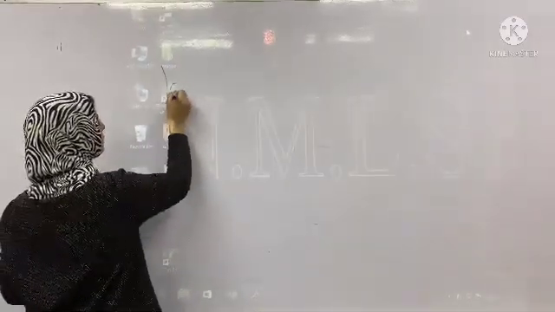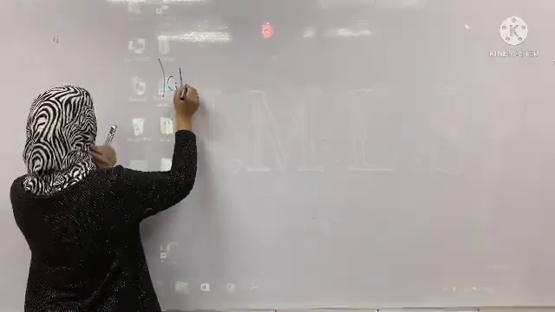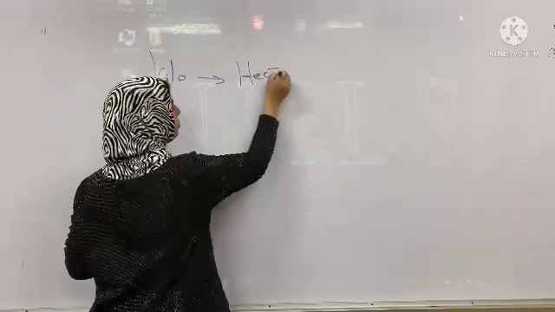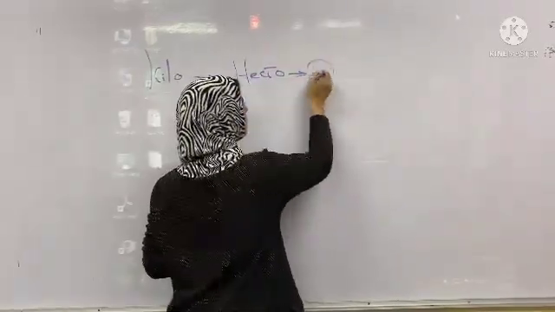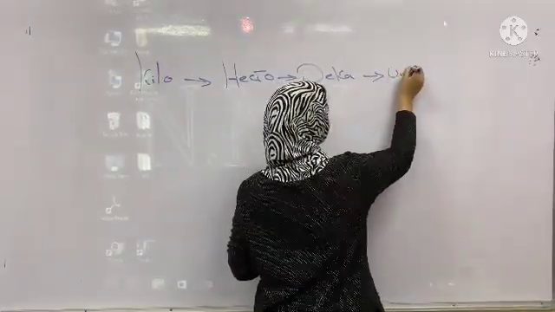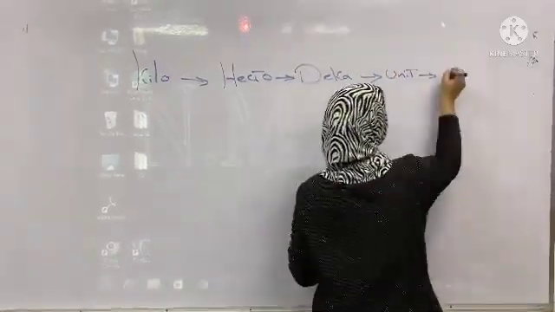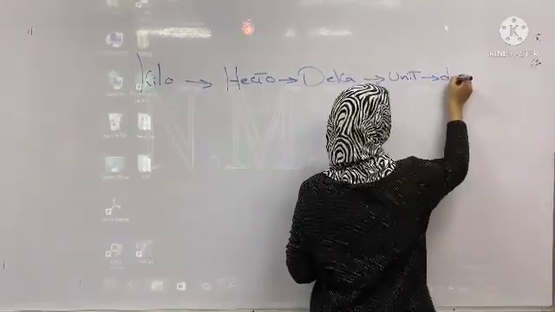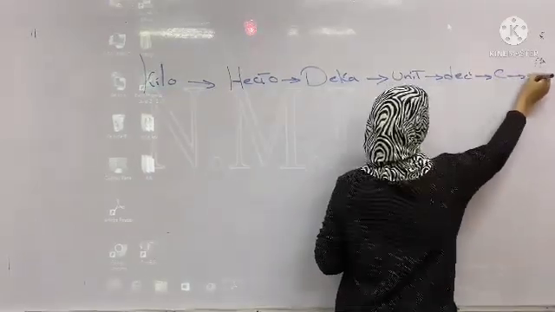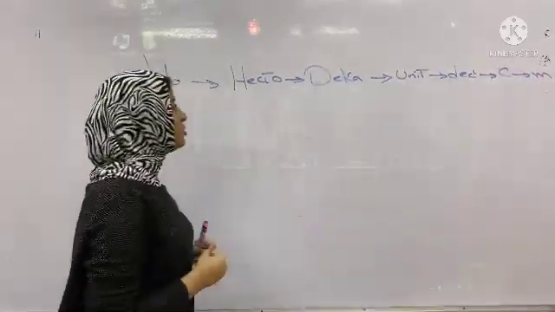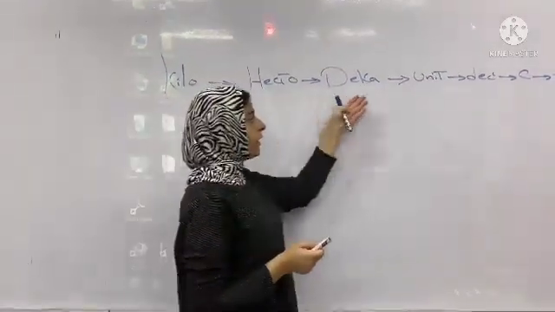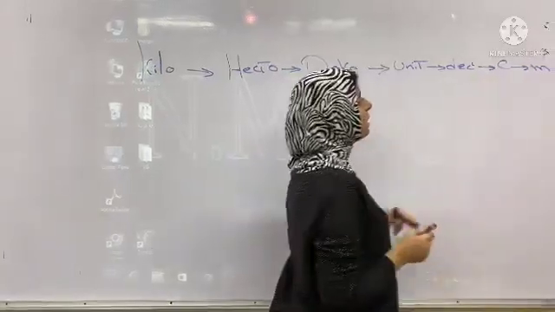So we have kilo, hecto, deca, unit, deci, centi, and milli. So our units for today is kilo, hecto, deca, unit, deci, centi, and milli.